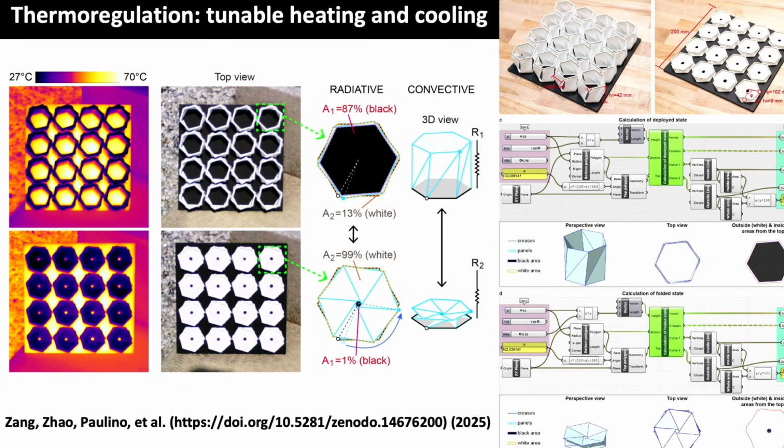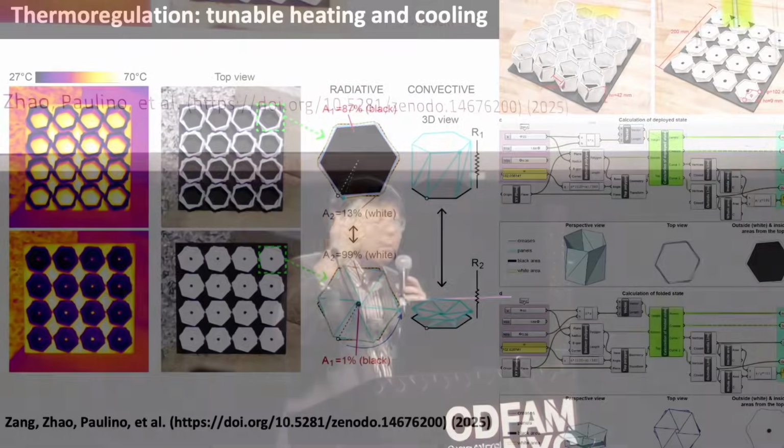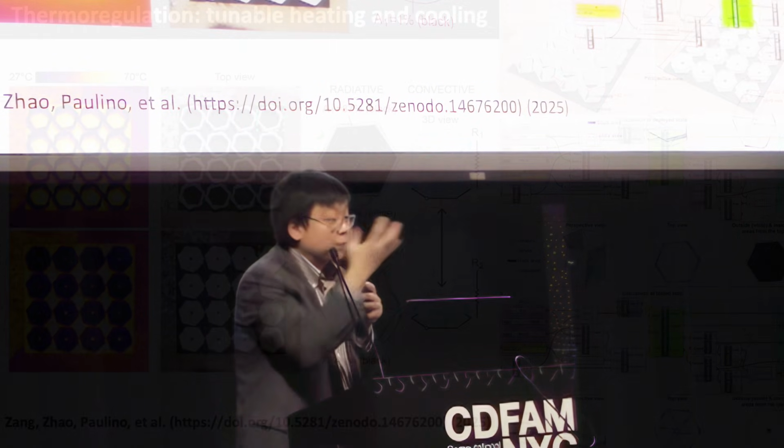And then we expose this assembly under the sun, okay? Depending on the configuration, you can see the heat map can be very different. The advantage of this scheme is that because the fabrication is so straightforward and the material is so cheap, we can actually scale up. For example, it can be a facade or roof on a building to save energy for thermal regulation.